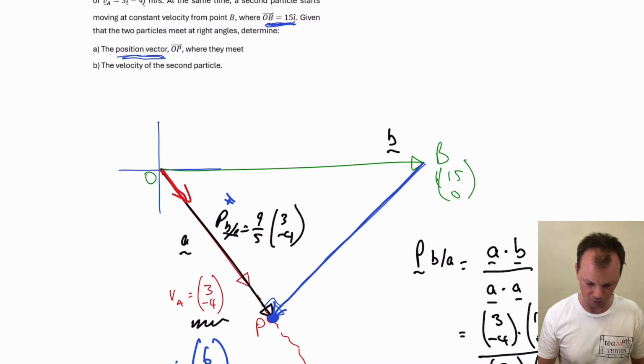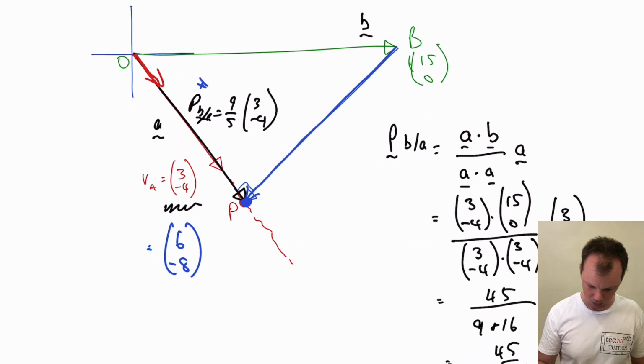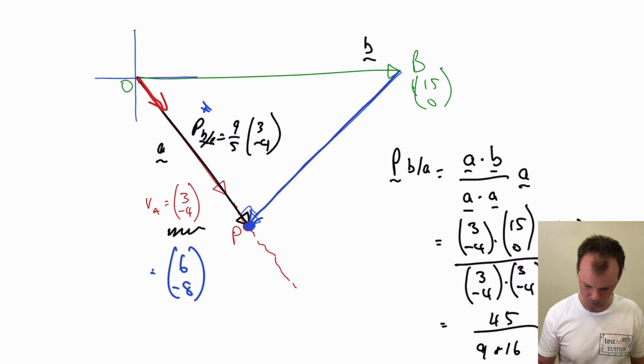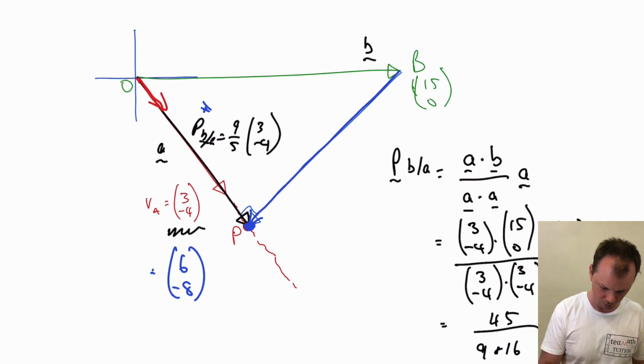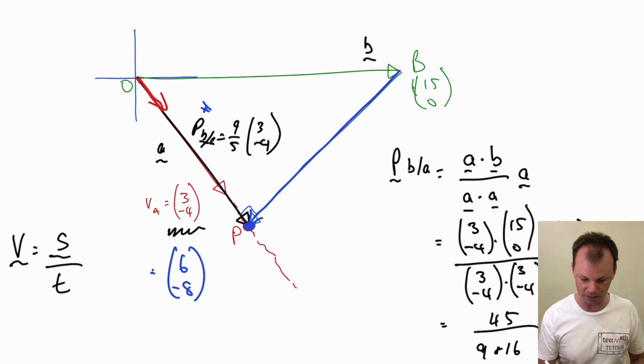Part B, we need the velocity of the second particle. So we know that velocity equals displacement over time. This diagram is a diagram of our displacement. So we're looking at this blue vector, and we're looking at the velocity of that blue vector.